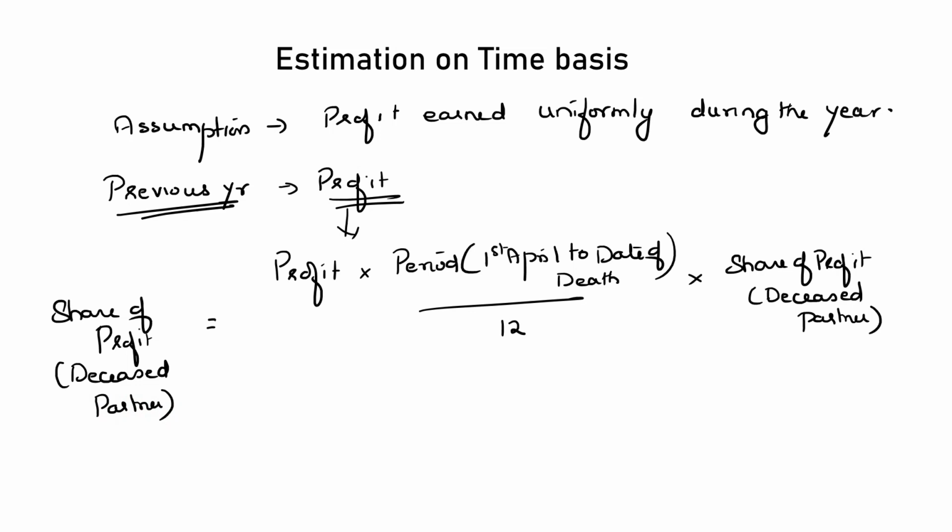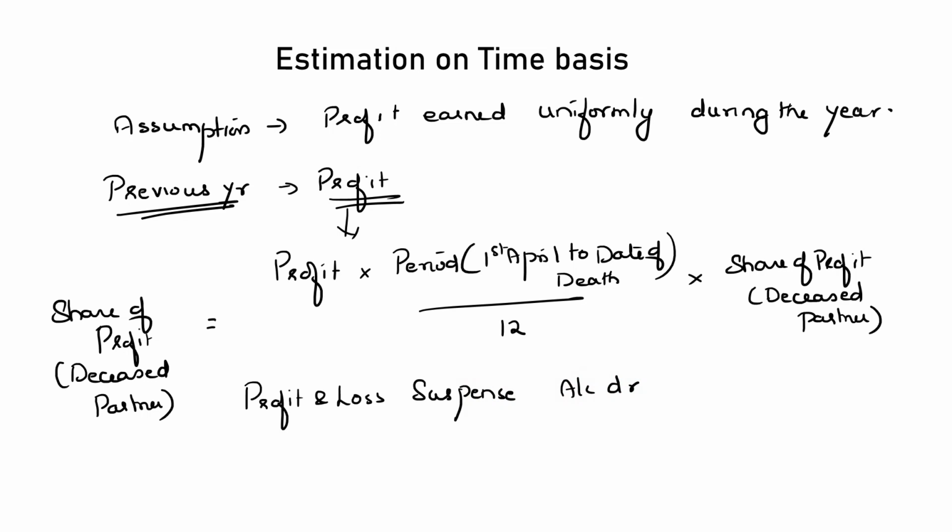And a very important thing, when we pass the journal entry, assuming that it is a profit, I'll give you the journal entry. The journal entry would be, we would be debiting the profit and loss suspense account. We do not use the appropriation account here because this profit amount that we're using as a basis to find out the share of profit of this partner is not the actual profit, it's an estimated amount.